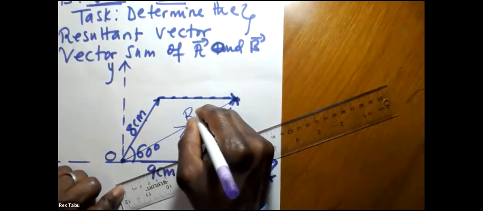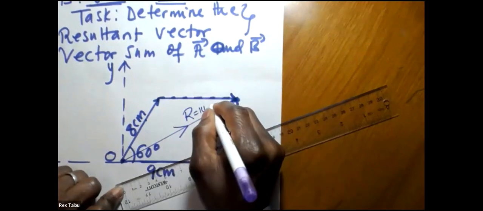So this is 14.8, something like that. All right, this is your resultant there, and you also need to tell me the angle. So bring your protractor and measure the angle.